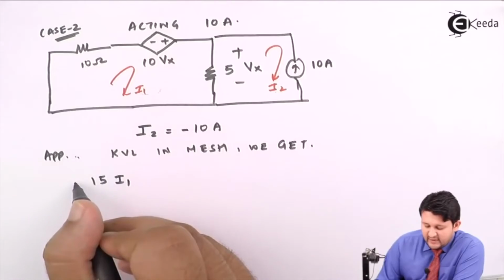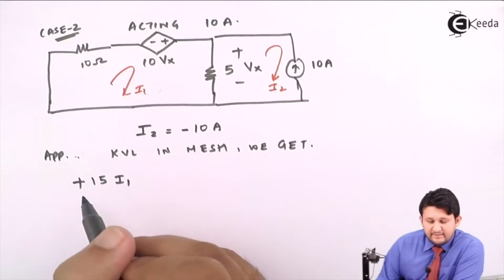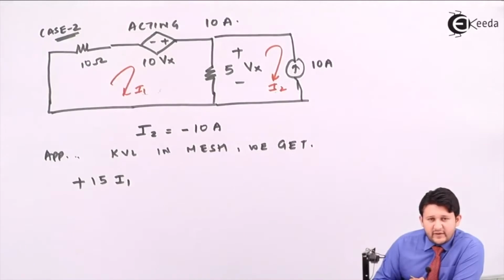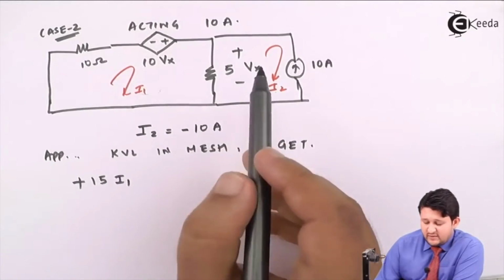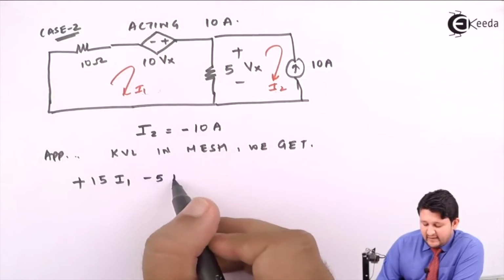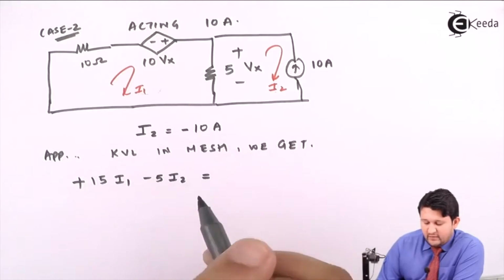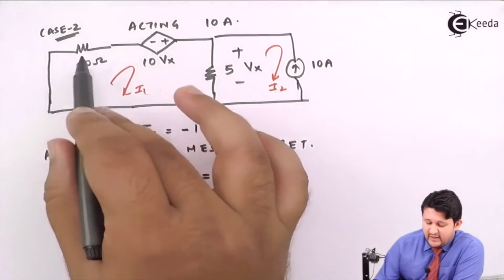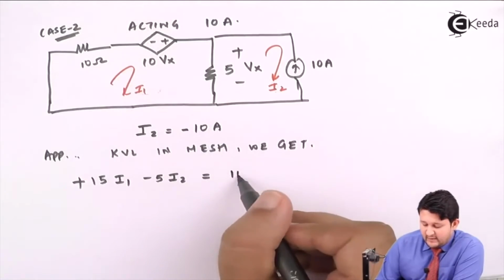Since we are applying mesh in that, the sign will be positive. Check whether in these two resistors there is any other current flowing. Yes. Which current, from where? 5 ohms. Your sign will be minus 5. Equal to. When you write equal to, after equal to there should be only voltage. So your current enters into negative, so it will be positive.